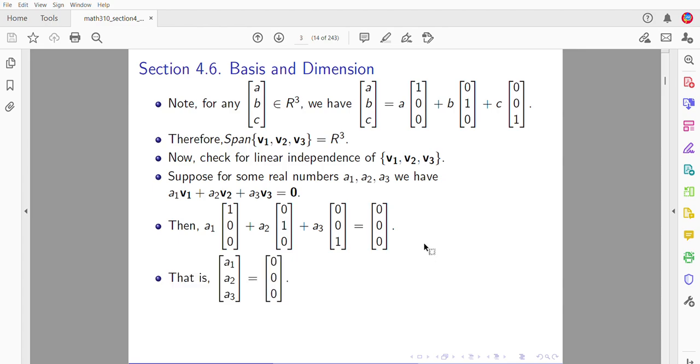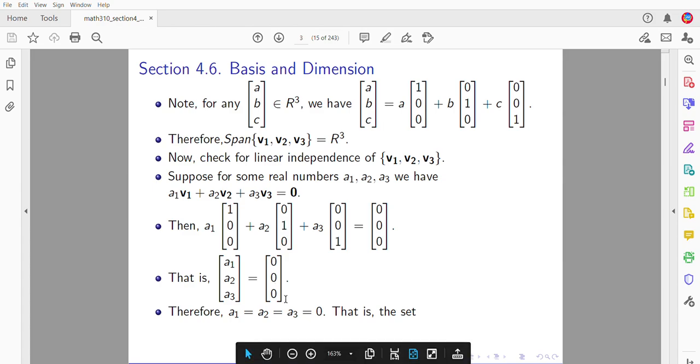What does that mean? The first gives you a1 here and nothing below. The second gets you a2 here and nothing else above. The third gets you a3 at the bottom and nothing else above. So adding these vectors, you get a1, a2, a3 should be equal to 0, 0, 0. That means a1 has to be 0, a2 has to be 0, a3 has to be 0.